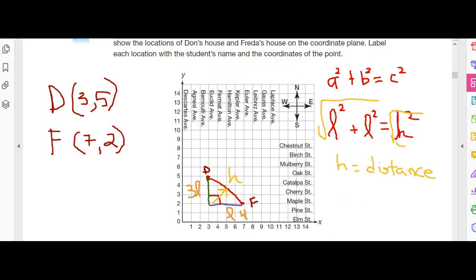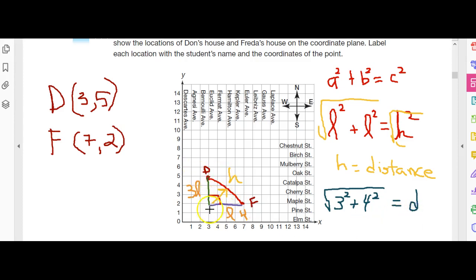So I could plug those in now, and I could say the square root of 3 squared plus 4 squared is going to be equal to the distance. I'm going to write D for distance.